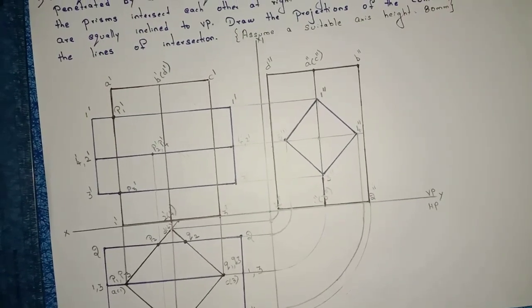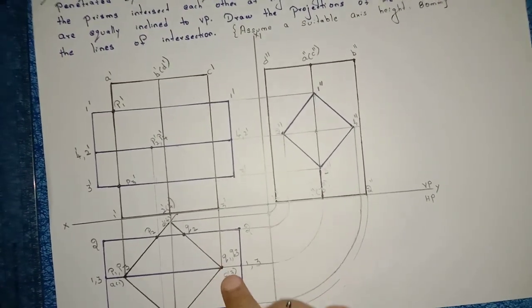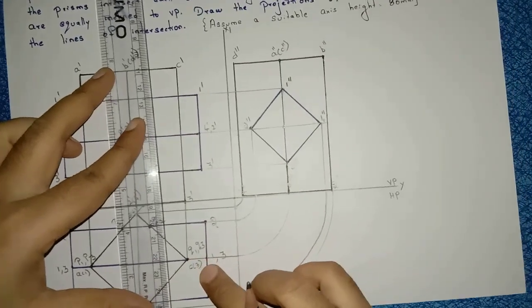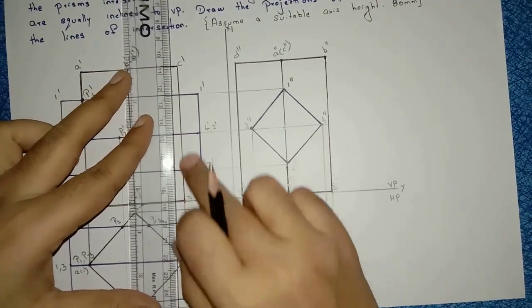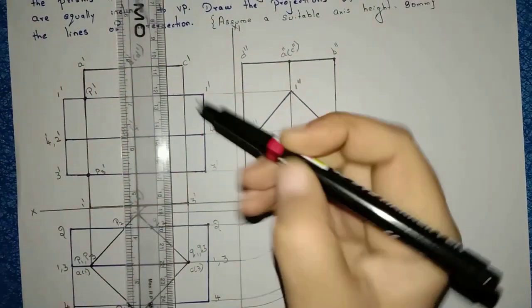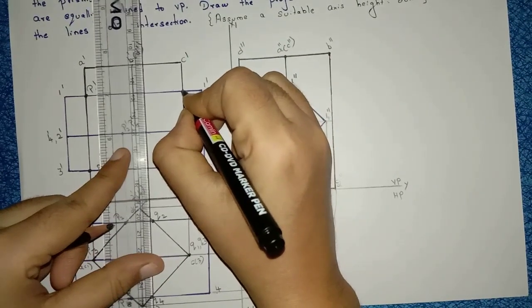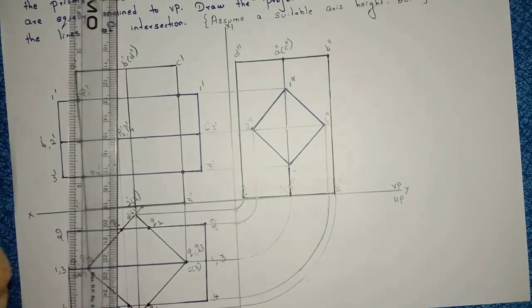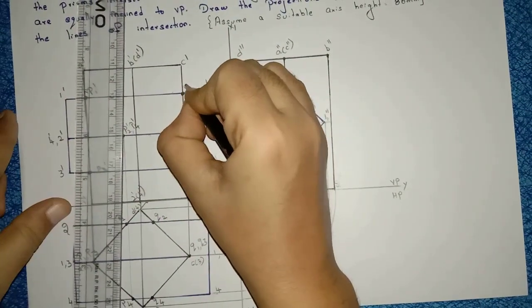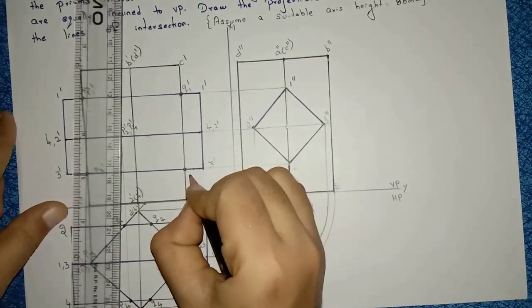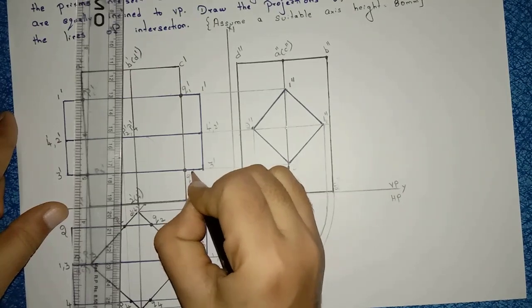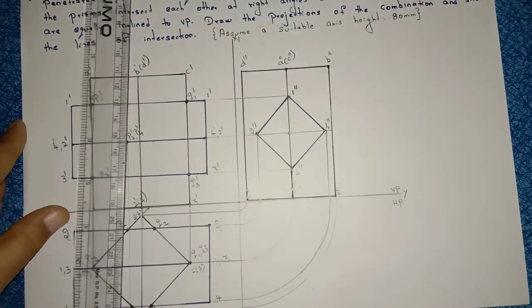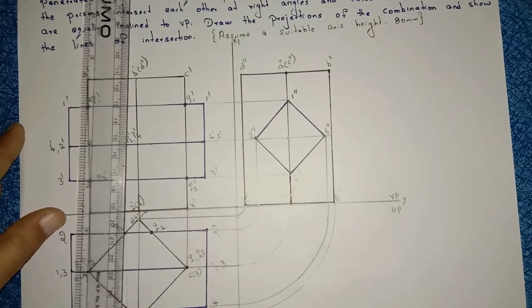Now same process here also. If you extend this Q1, Q3, from Q1 if you extend the line, you will get the point here, Q1 dash. If you extend the line here, third point, this is the point, right? Write down here Q1 dash and here Q3 dash. Right? 1 to 1 and 3 to 3 here.